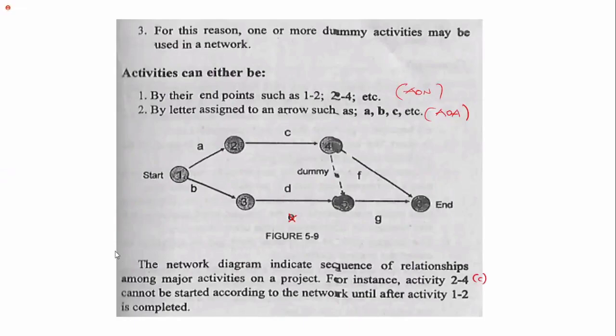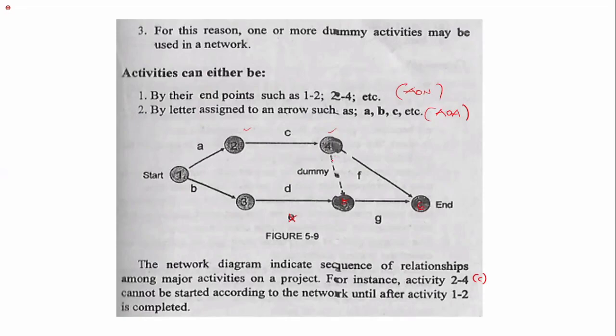So meaning ni si event si activity G or si activity 5 to 6, maklaro ba? This is 5, this is 6. So dili maka-start si activity 5 to 6 if dili mahuman si activity 2 to 4.